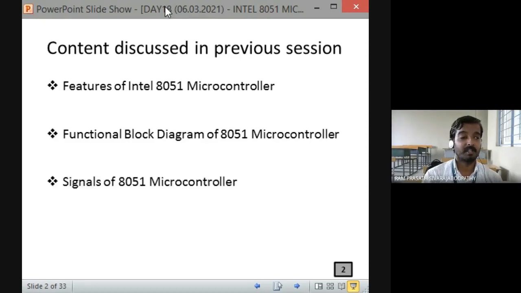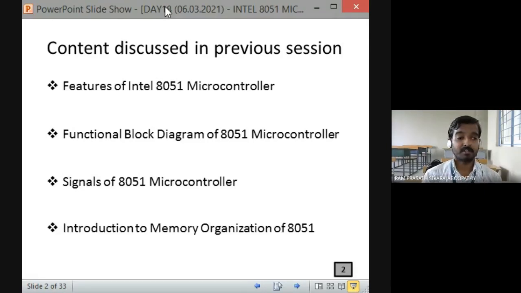Then we have discussed about the functional block diagram and the signals of 8051 microcontroller, and the purpose of each signal. Then we have introduced how the memory is organized in 8051. So now we are going to continue with memory organization.